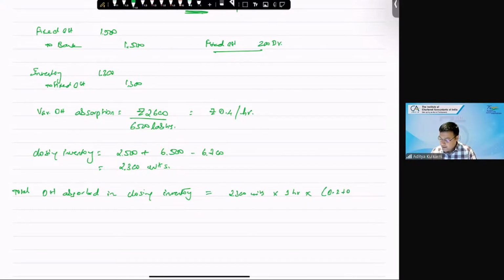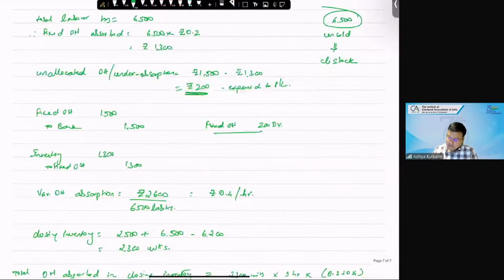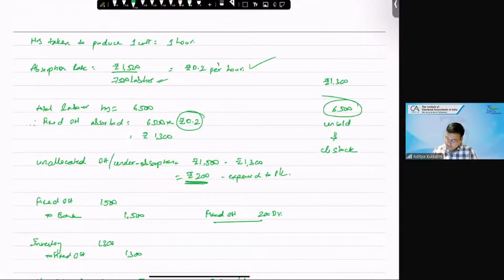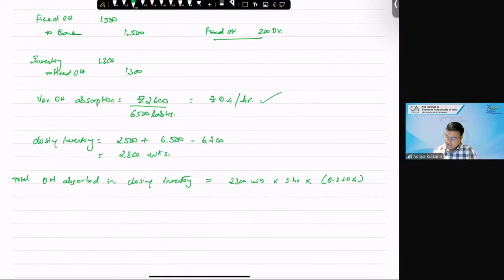I hope you are able to recollect. 0.2 is this rate, what we have calculated here. 0.4 is this rate. So 2,300 into 0.6, this is rupees 1,380. This is the overheads which are absorbed and which will be part of your closing stock. Are we okay with this so far?